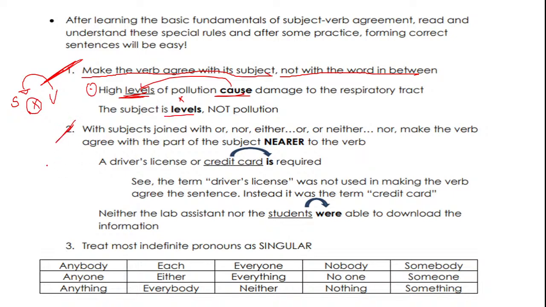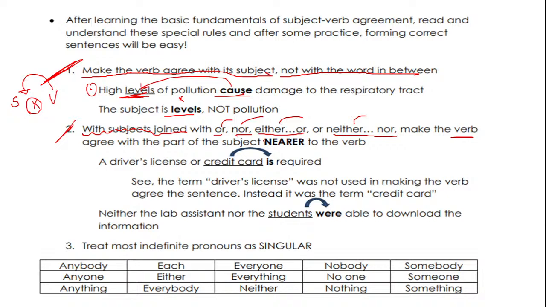The second rule that we have discussed was, when subjects are joined by words like or, nor, either or, neither nor, if these words join the subjects, at that time you have to make the verb agree with the part of the subject which is nearer to it.